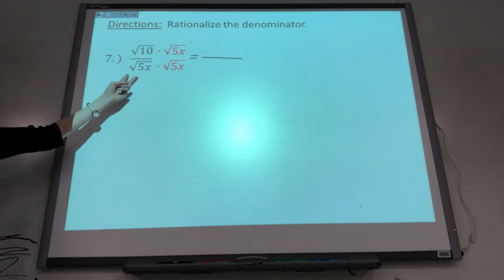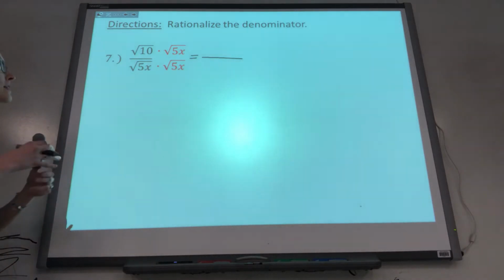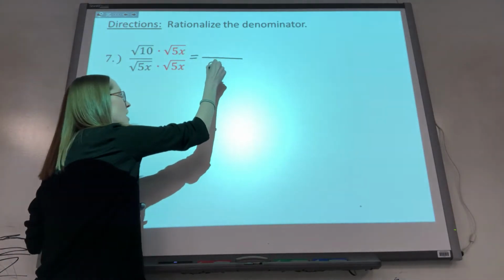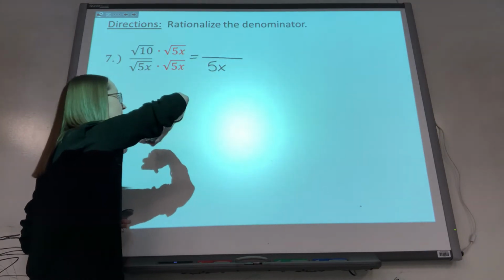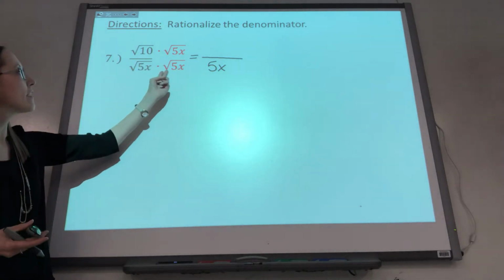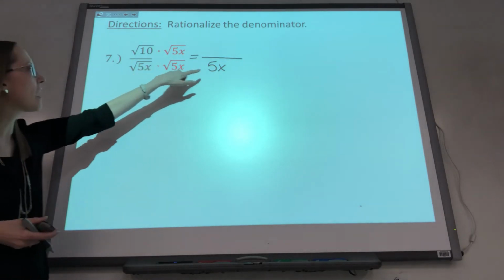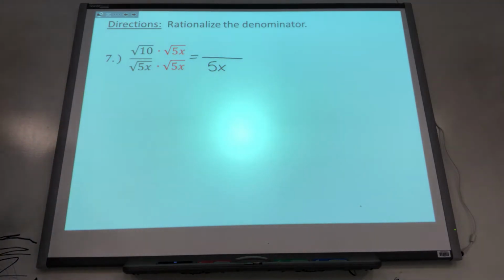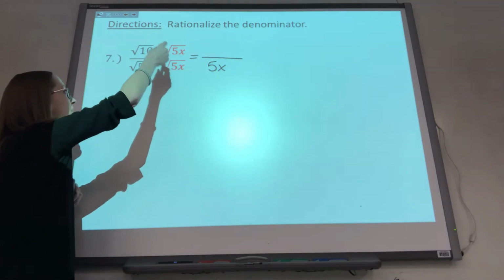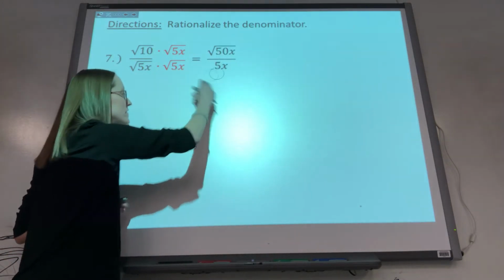So square root of something times the square root of the same something is just the something. And so that's why we chose to multiply by square root of 5x on top and bottom, because I knew that would get rid of the square root. On top, you end up with the square root of 50x.